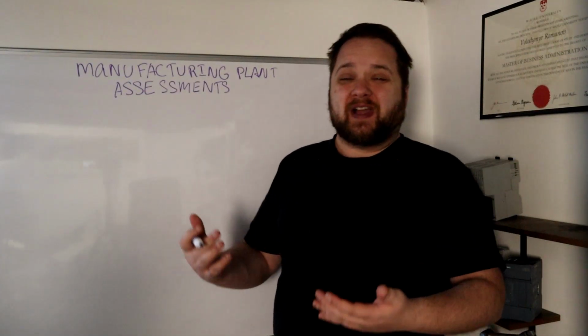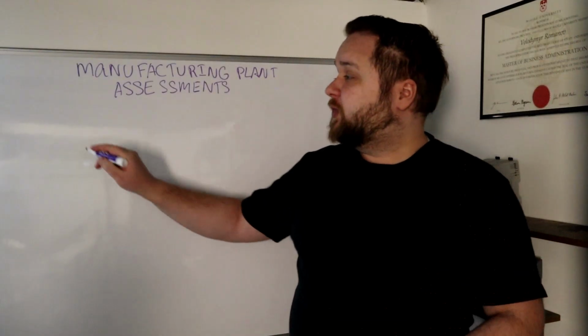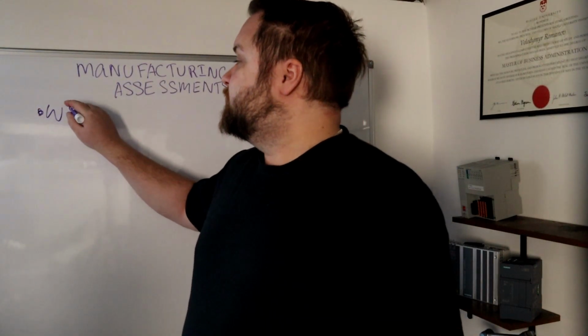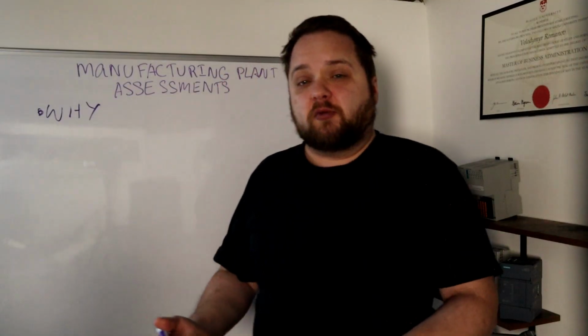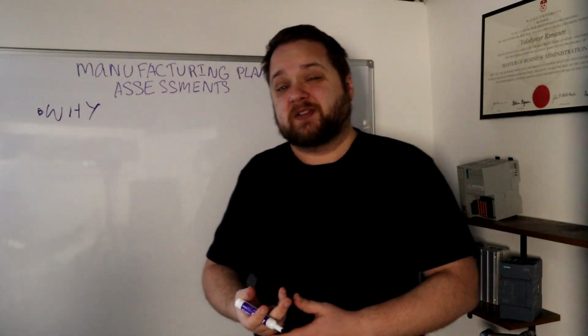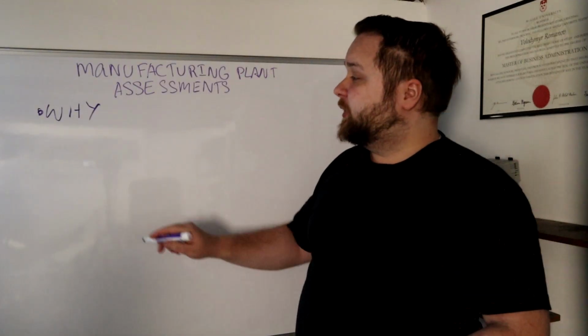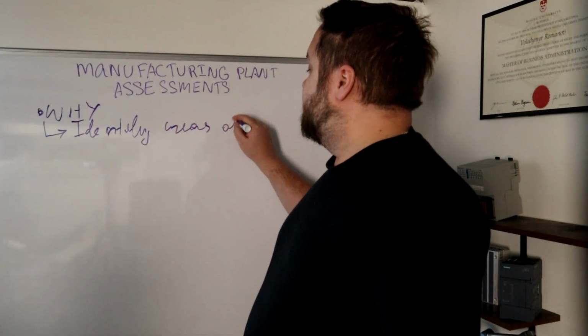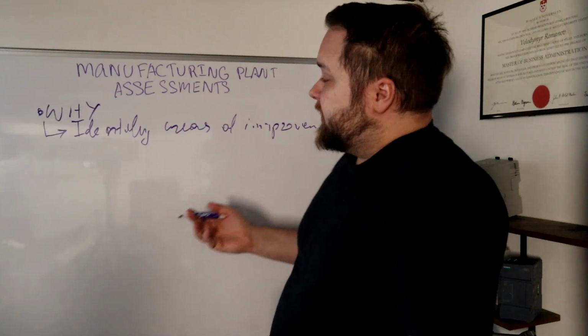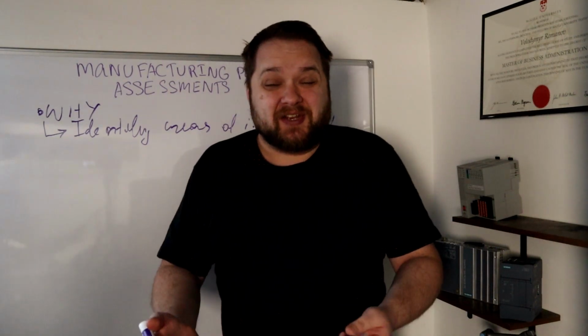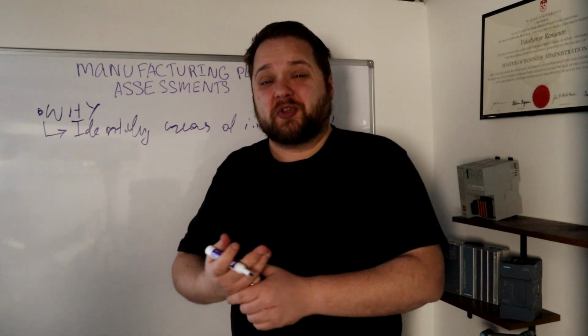So first and foremost, I've mentioned this a little bit, but the first question is always, why do we need to do this? The answer depends on the industry, the architecture of the plant, and how old it is, but ultimately we're looking for areas of improvement. These areas of improvement could be different in nature. They could be in terms of changing the process.